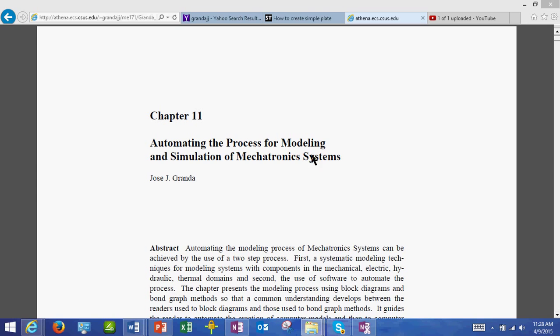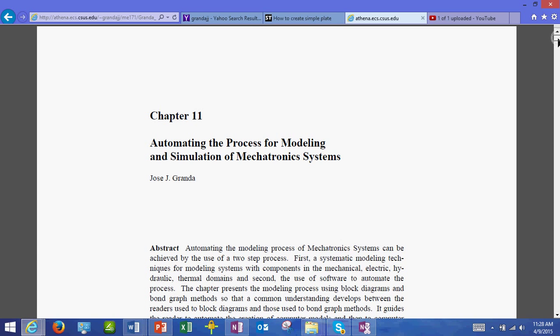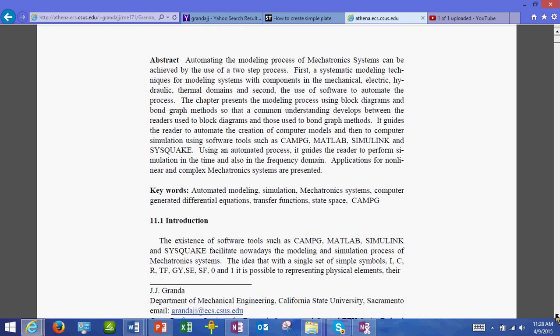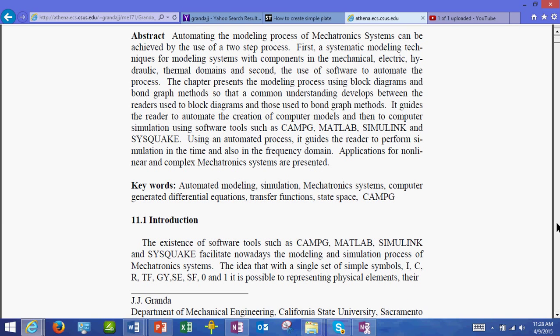So after a short introduction here, the idea that we have behind this is that automating the process of modeling mechatronic systems can be achieved by the use of two processes.